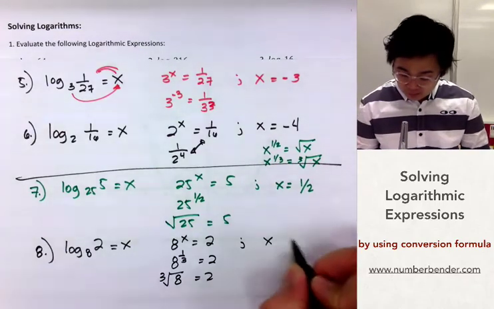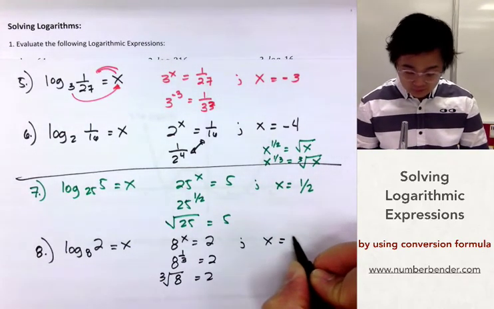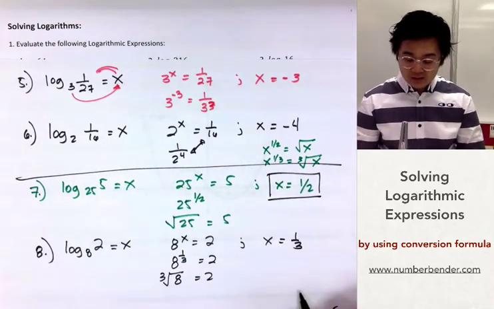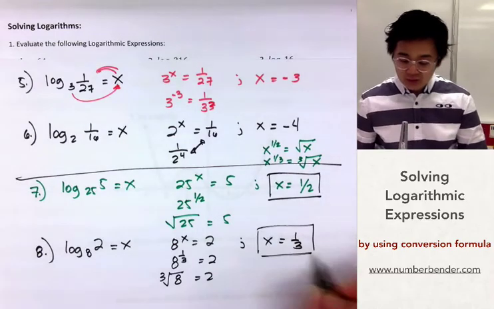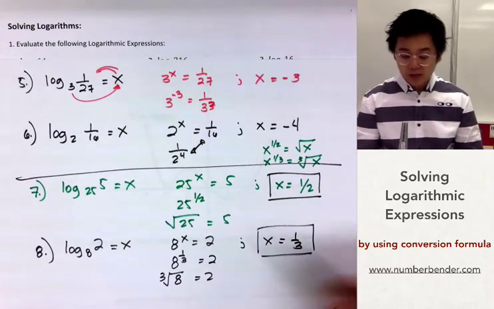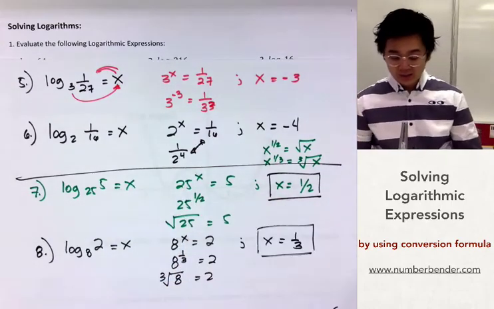So x is equal to 1 over 3. So we have 1/2 for number 7, we have 1/3 for number 8, and they are both fractions because we're trying to make the number smaller given a number with an exponent.